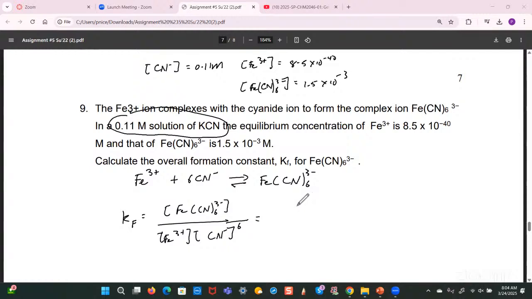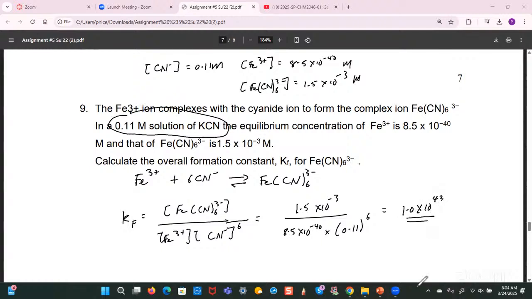So for the complex, as we said before, its molarity is 1.5 times 10 to the minus 3, divided by the concentration of the Fe3+, which is 8.5 times 10 to the minus 4, multiplied by the concentration of the cyanide, which is 0.11 raised to the 6. And when I did that calculation, the answer I got is 1.0 times 10 to the 42.